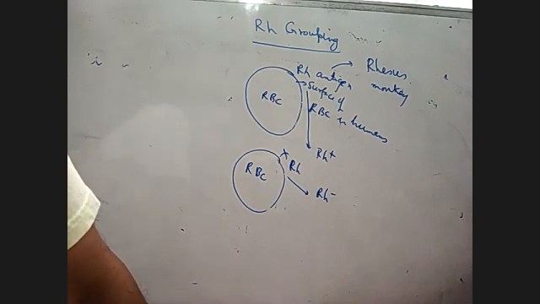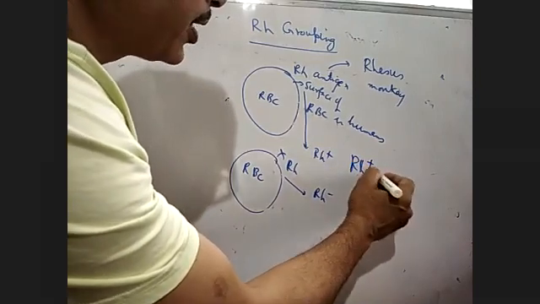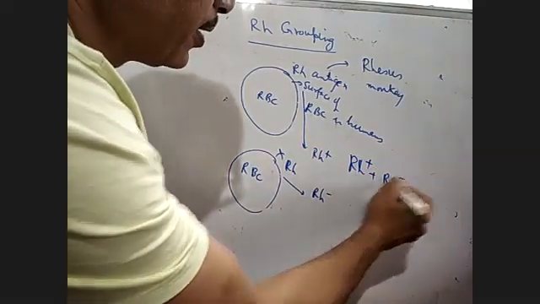If exposed to RH positive blood, an RH negative person will form a specific antibody against the RH antigen. Therefore, the RH group should be matched before transfusion, because RH positive blood will react with RH negative.